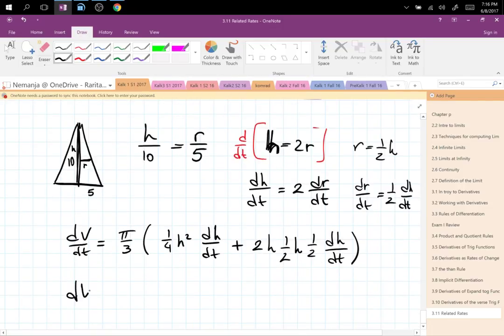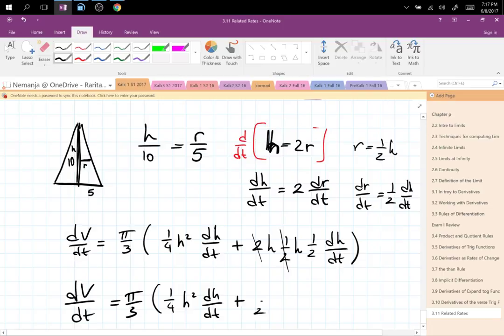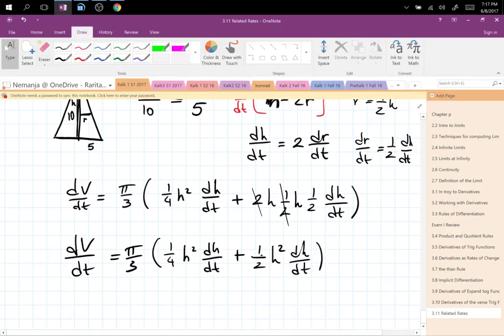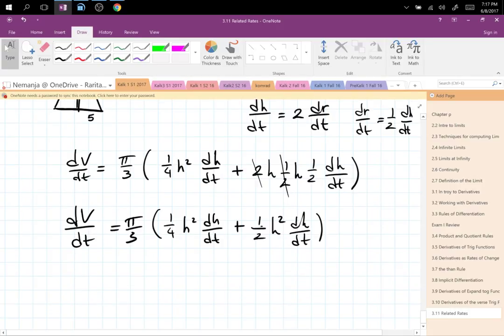That's a lot of calculations there, but it's worth it at the end. I have 1/4 h squared dh dt, plus these guys drop, and I have 1/2 h squared dh dt. Observe that both of these are h squared dh dt. We can actually add these, just deal with the fractions in front.